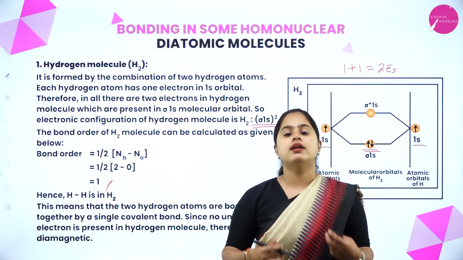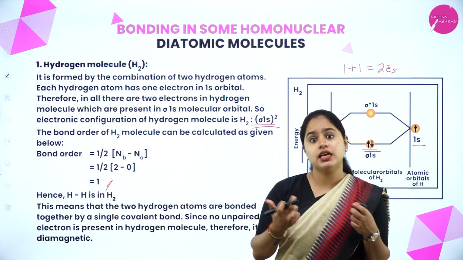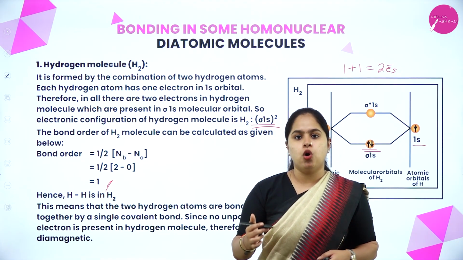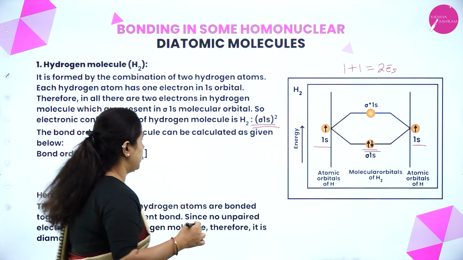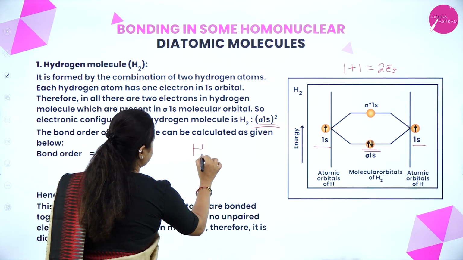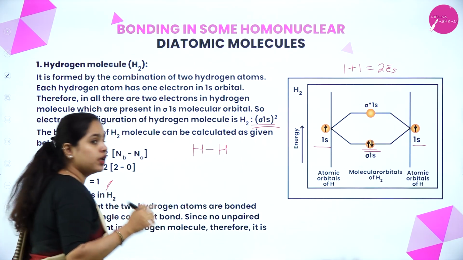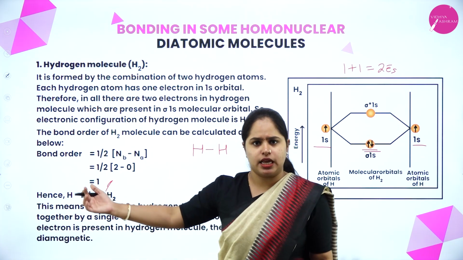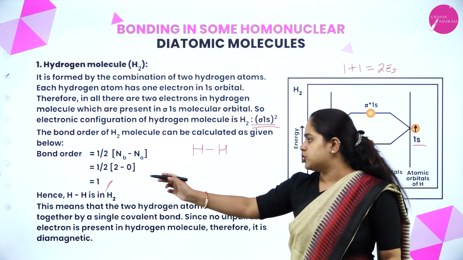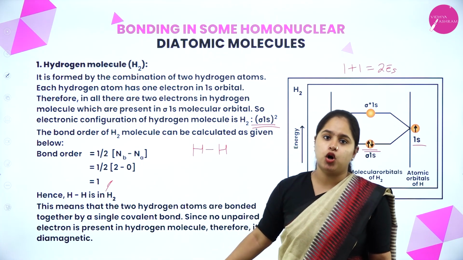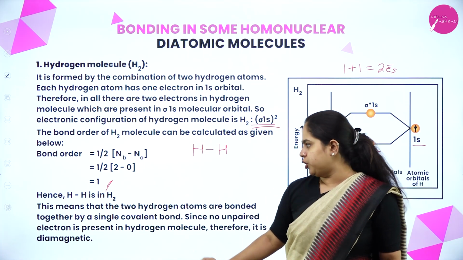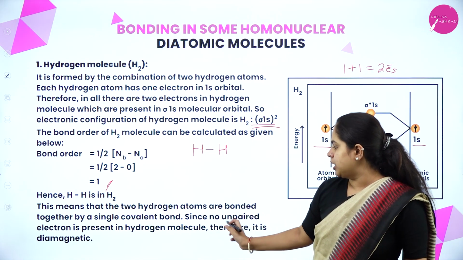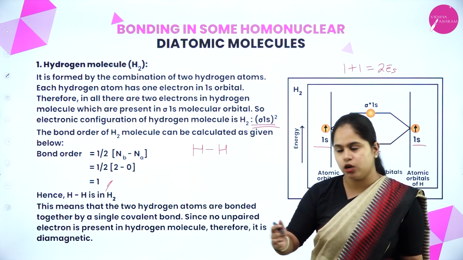If the bond order is equal to 1, that means a single bond is present. So in the hydrogen molecule, the hydrogen atoms are bonded by a single bond. I hope it is clear. From the bond order value, you can understand that concept as well. This means that the 2 hydrogen atoms are bonded together by a single covalent bond.